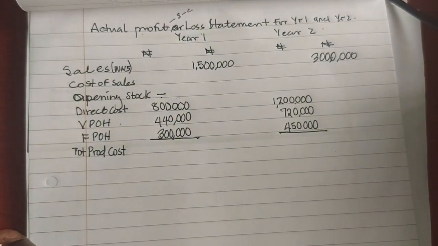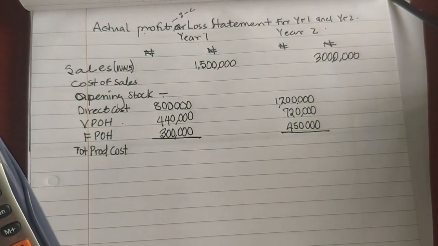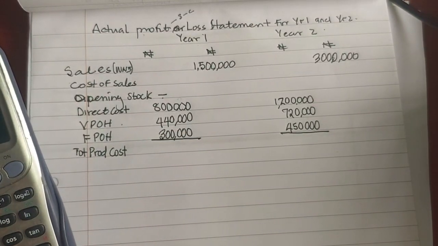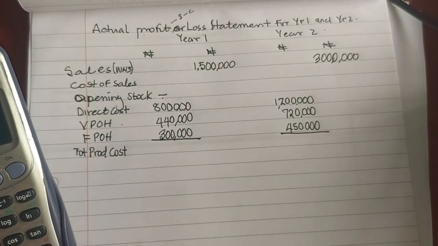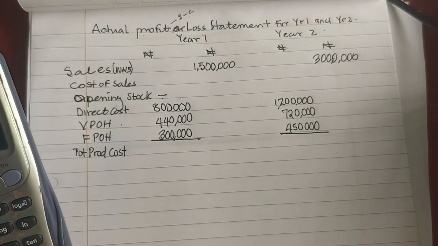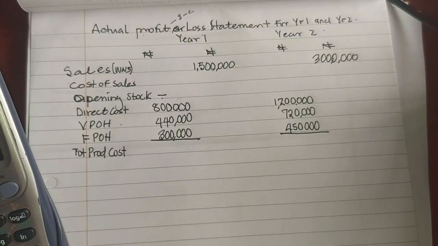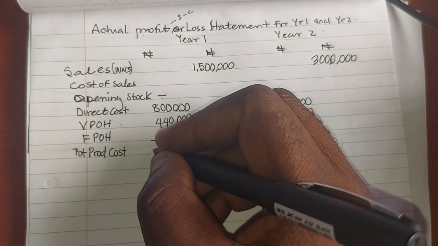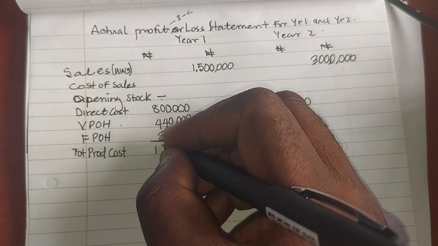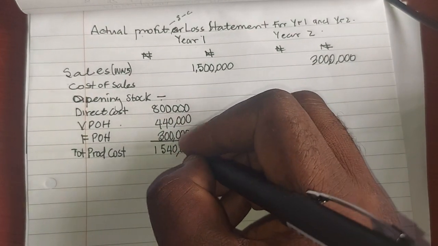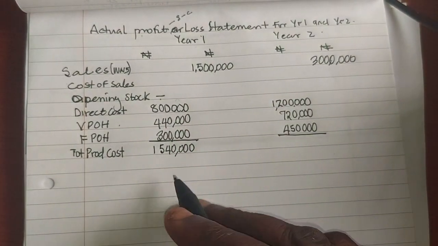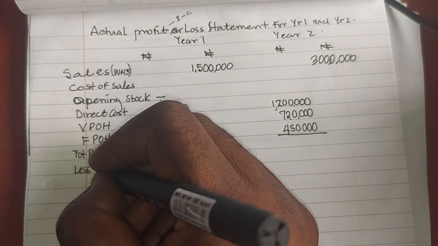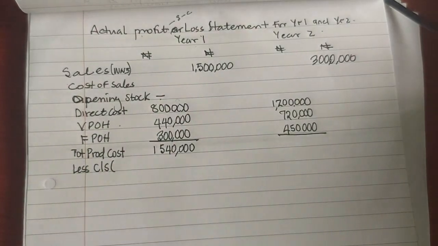So when you add this together, that is 800 plus 440 plus 300, and that gives 1,540,000. All right, 1,540,000. Then you less closing stock. That's our working note 4.